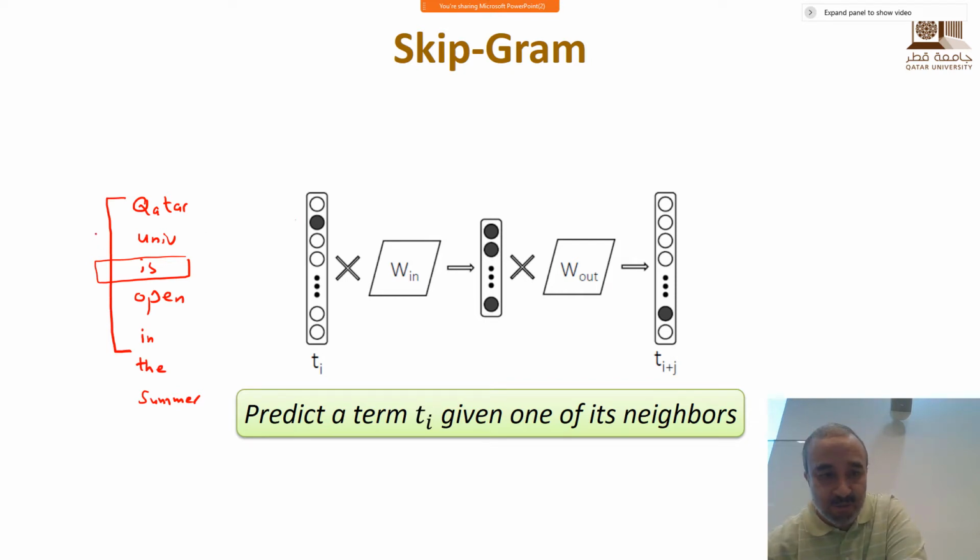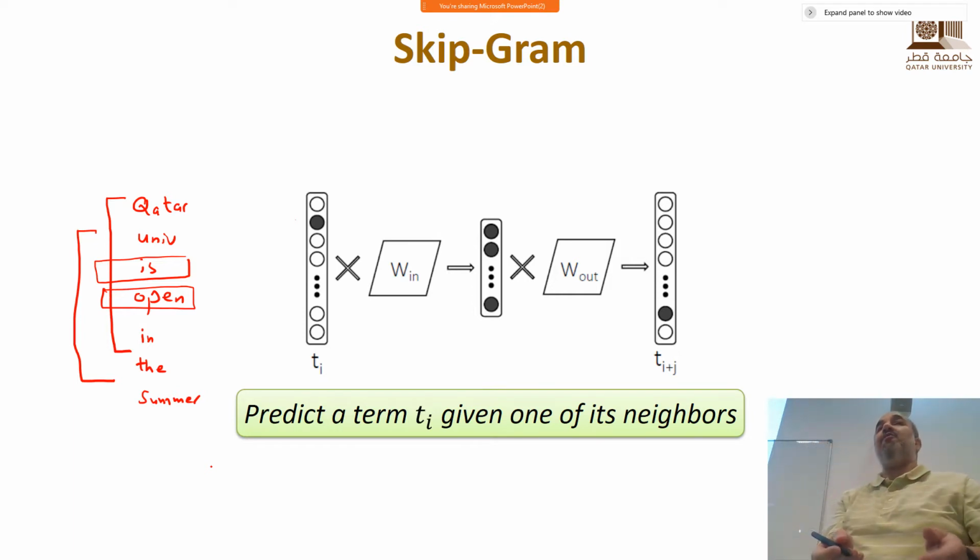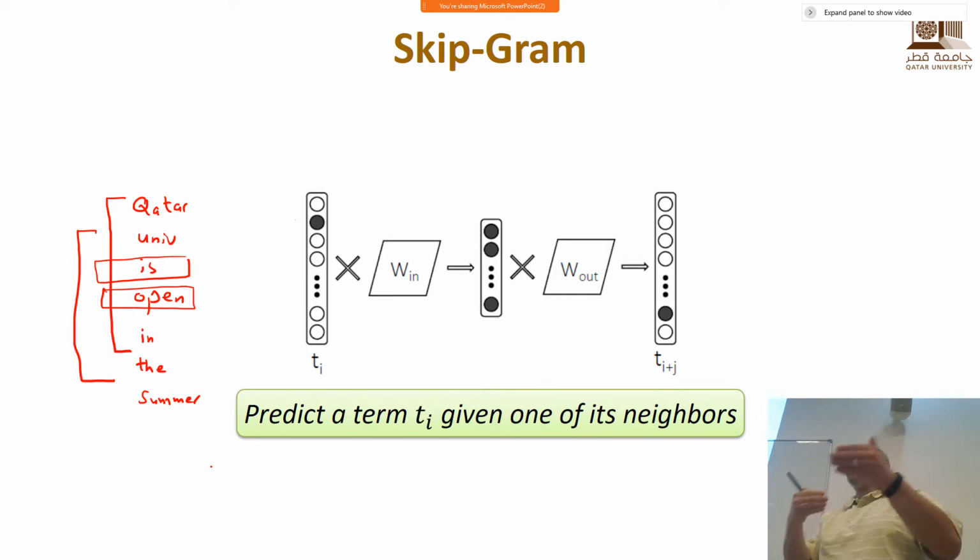We'll have another window. So the middle now will be "open". So it will be "open" and "University", "open" and "is", "open" and "in", "open" and "the", and so on. Okay? So you see now how we can generate the training data, which looks like supervised, right? It looks like labeled, but the labels are automatic, okay, automated. The generation of the labels is automated, right?